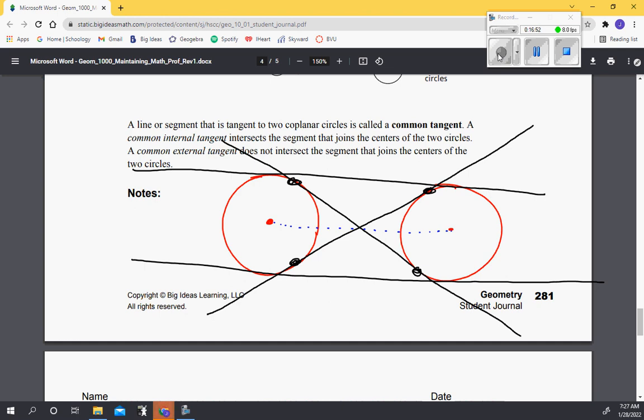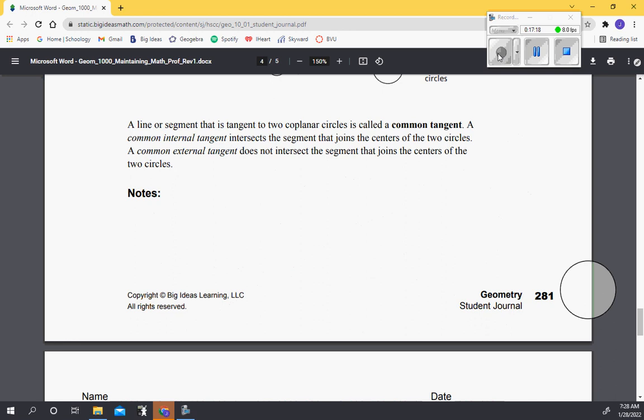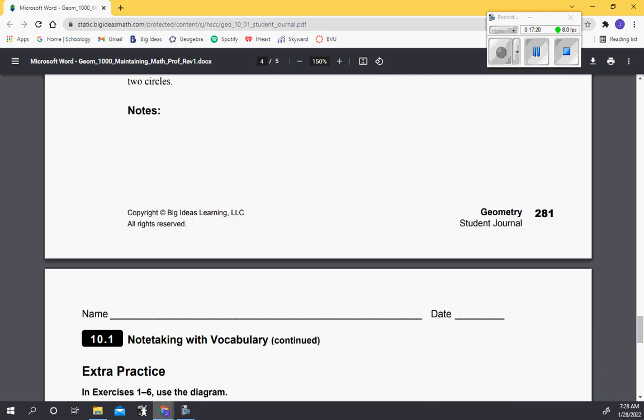I believe, don't quote me yet, but I've yet to see an example of two circles with more than four tangent lines. So those two that don't intersect the blue line are external tangents. The two that do intersect that blue line are internal.